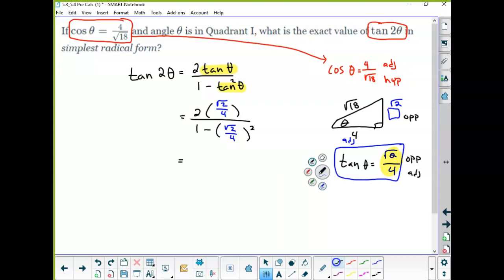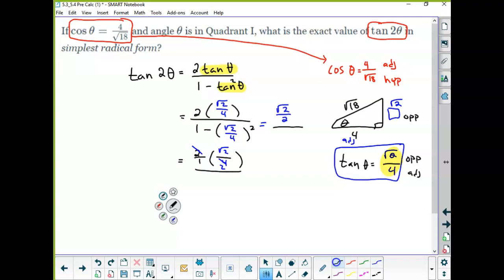To be honest, I would grab my calculator, but if we're going to do this showing all the correct steps, first part I would do is simplify the numerator, which is 2 over 1, and then that reduces out. So I know my top part is 2 times the square root of 2 over 4, and then the bottom part, kind of running out of room here, but I have 1 minus the square root of 2 over 4 squared, which is 2 over 16, and then I've got 1.